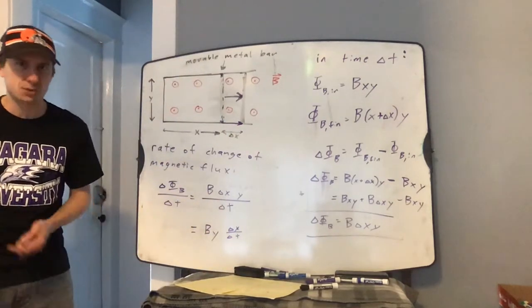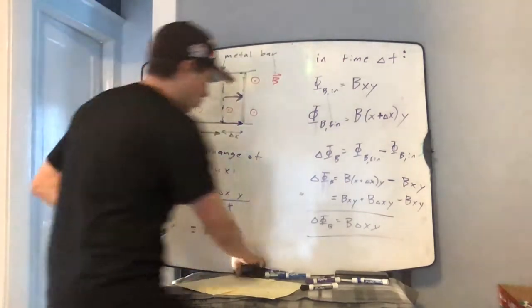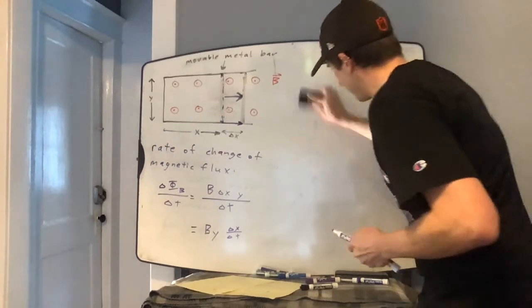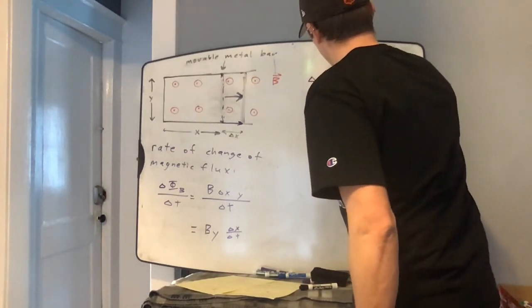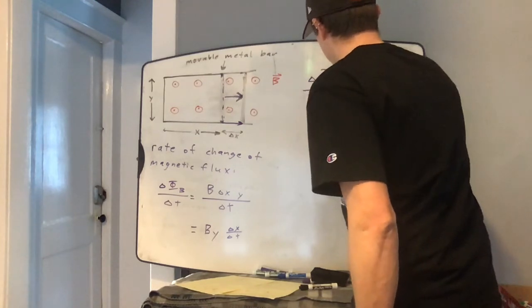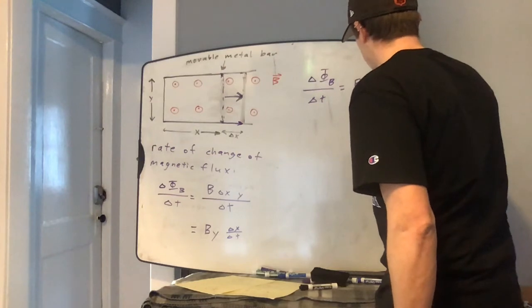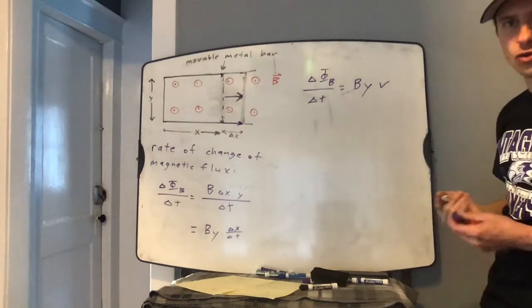That's basically the speed at which you're moving. So the rate of change of magnetic flux is going to be B times y times v, where v is the speed at which the rod is moving.